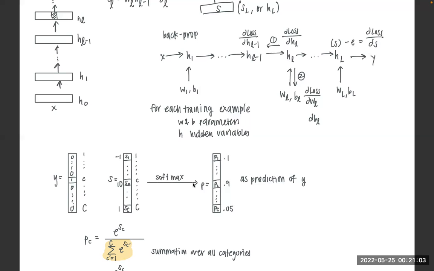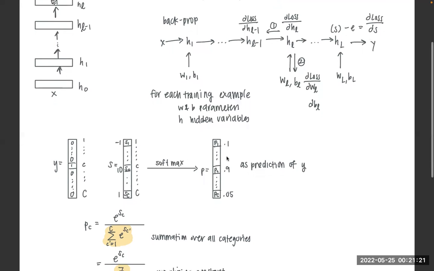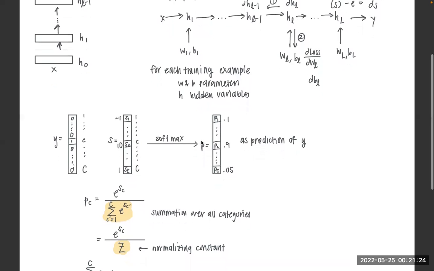And then we use softmax to translate this into probabilities. And then either we generate the word that gets the maximum probability, or we actually sample from this probability so that the words are generated according to those probabilities. We can also do that. So therefore, we want to study this softmax transformation.